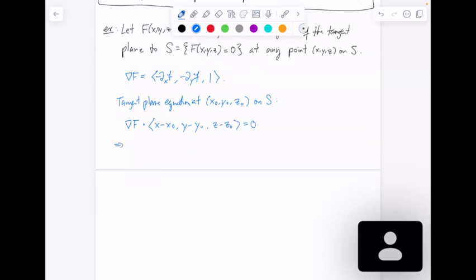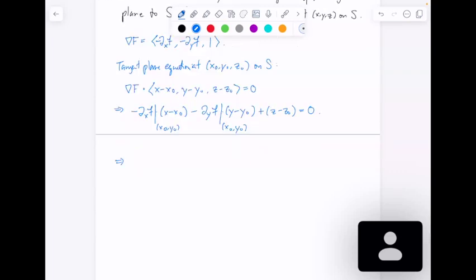We could expand this out, right? And this gets you minus partial x of f times x minus x naught, minus partial y of f times y minus y naught, plus 1 times z minus z naught must be equal to 0. Maybe I should specify these are evaluated at x naught, y naught.